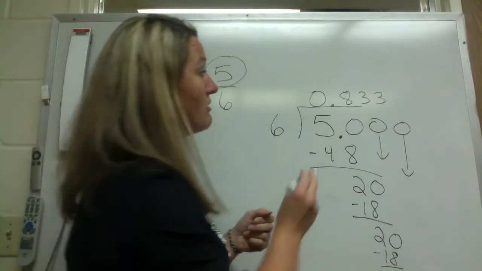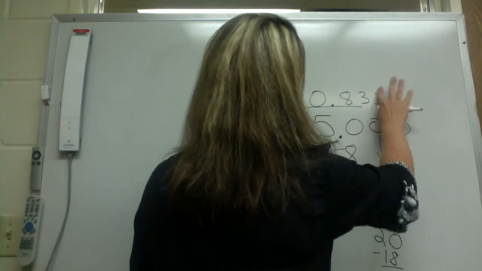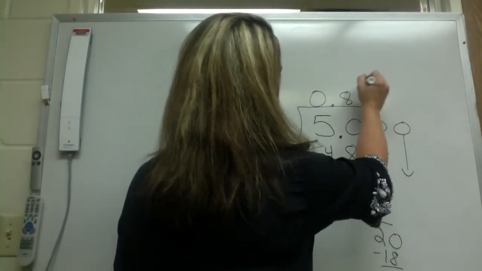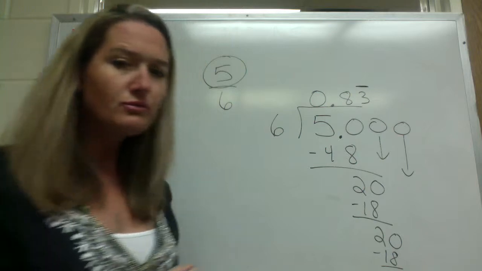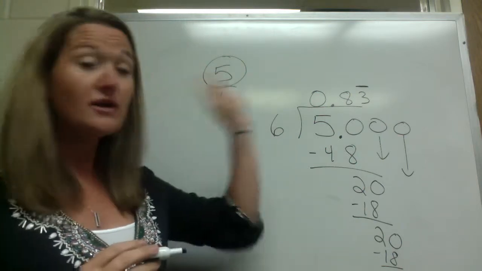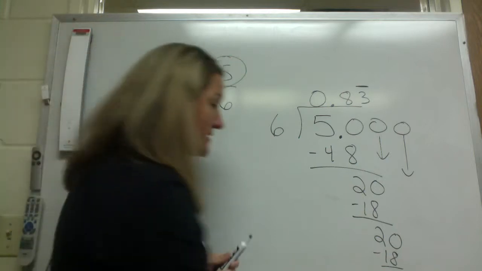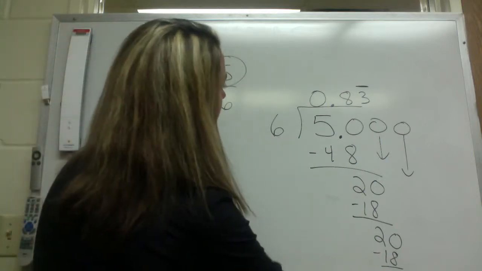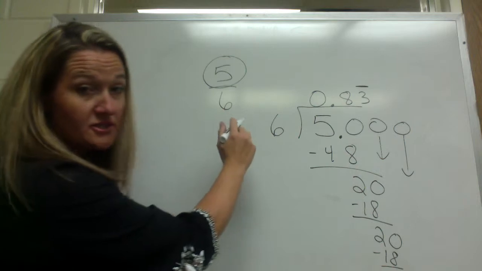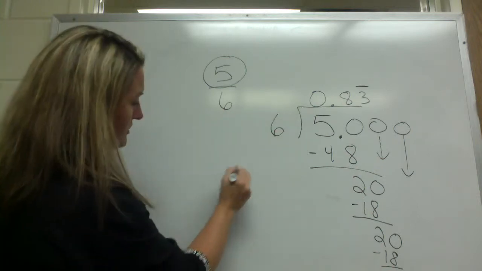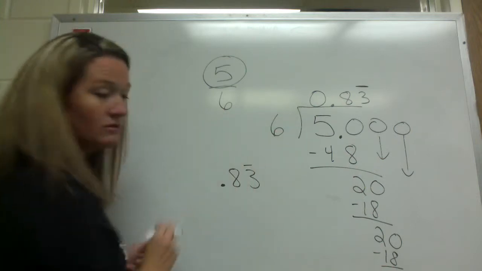I don't need to do that. All I need to do is take this last 3 off and put a line over the 3, and that just means the 3 repeats on and on forever. So that's how we turn the fraction 5/6 into a decimal, 0.83 repeating.